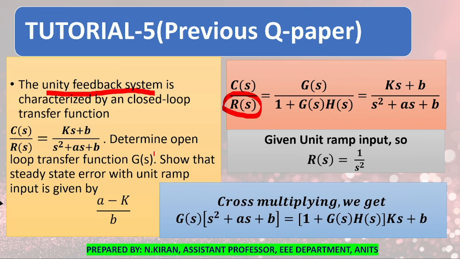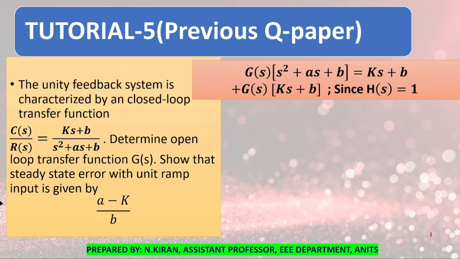When I cross multiply, it gives me G(s) into (s square plus as plus b) is equal to (1 plus G(s) into H(s)) into (Ks plus b). So if I multiply, that will give me Ks plus b plus G(s) into (Ks plus b).